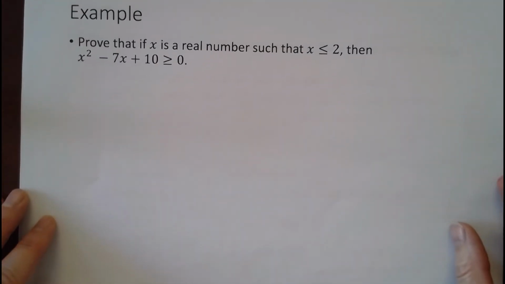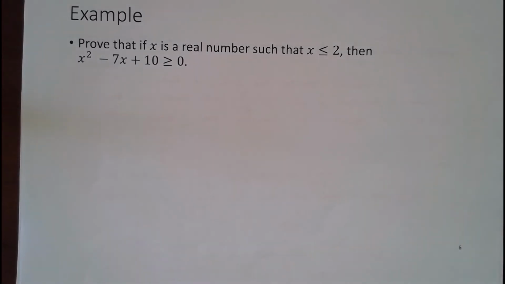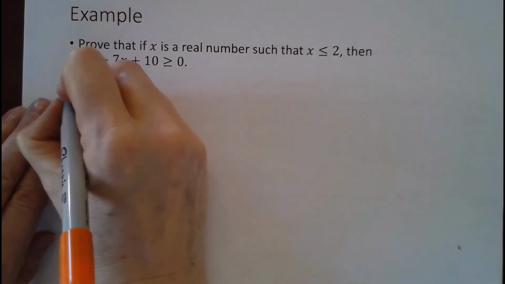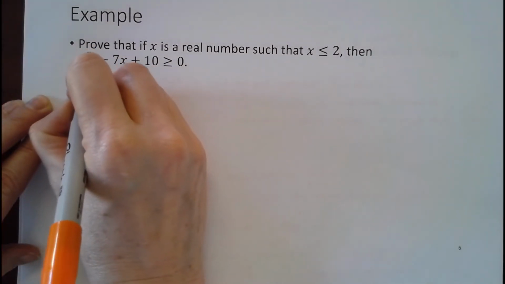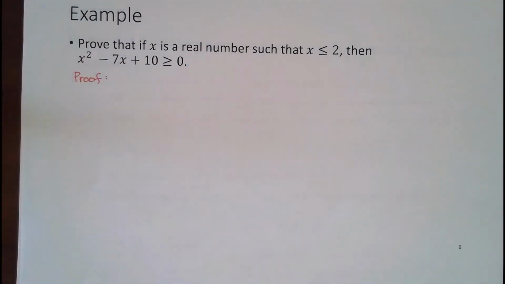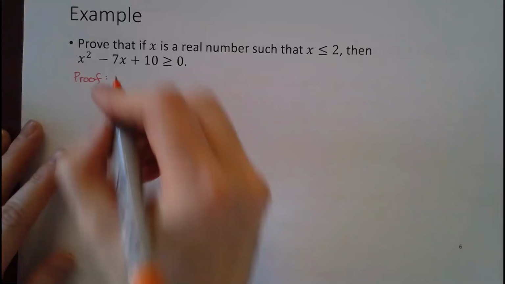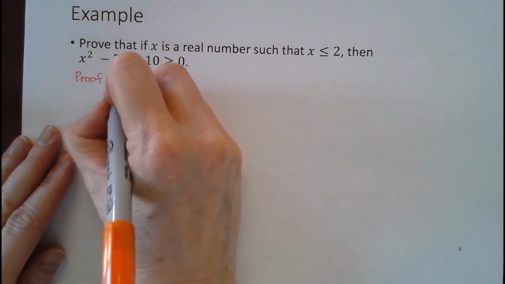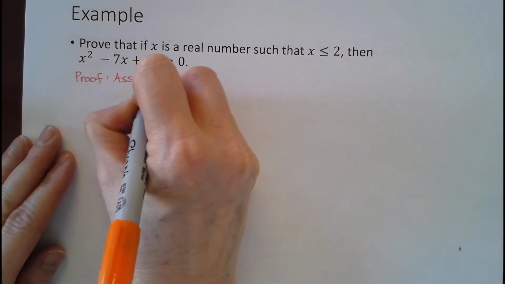All right. Next one: prove that if x is a real number that's less than or equal to 2, then x squared minus 7x plus 10 has to be greater than or equal to 0. Just like last time, we start with our assumptions. So what do we assume?